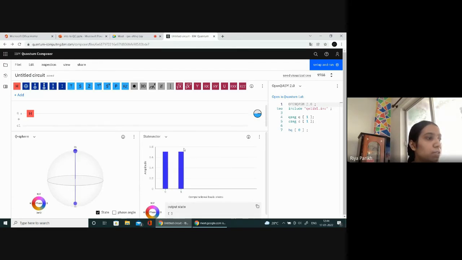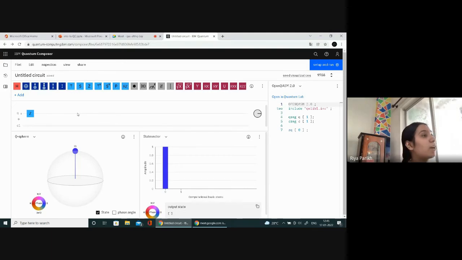Even on the amplitude graph, you can see that it's around 50% of the time 0 and 50% of the time 1. Let me show a Z gate. The Z gate does not change the state of the bit. It keeps it as it is.